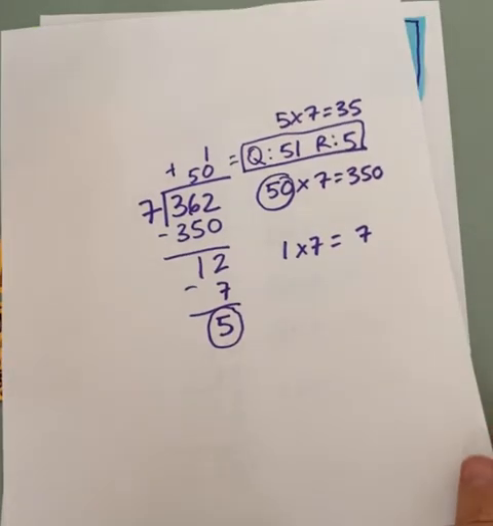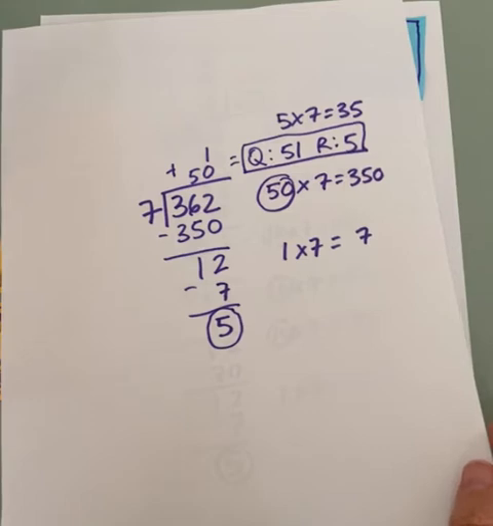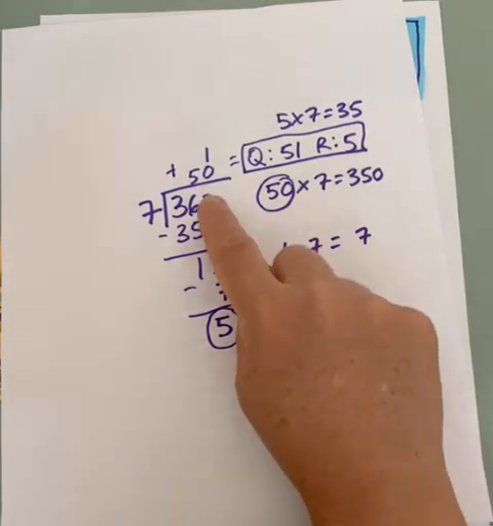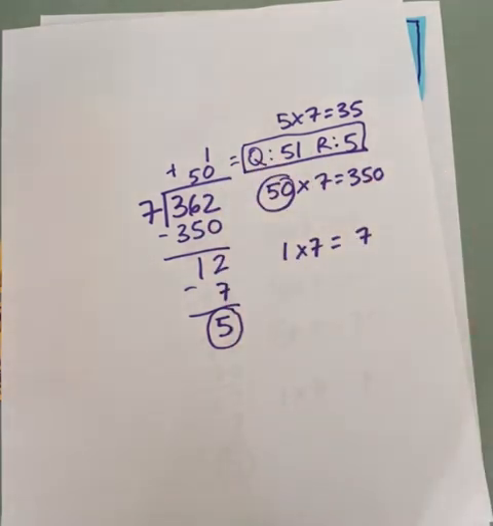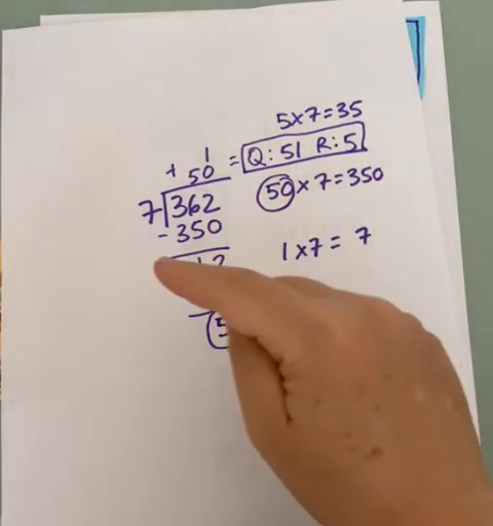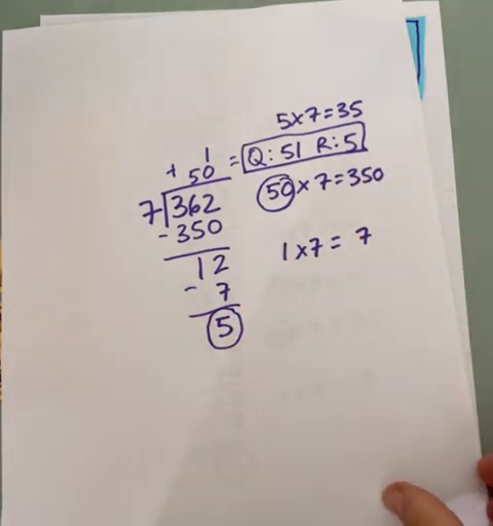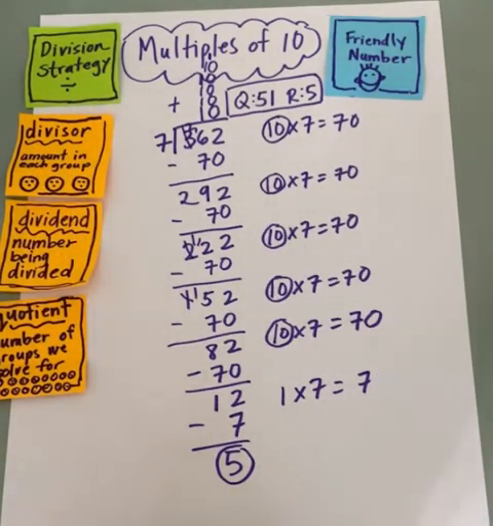So friends, or mathematicians, when you're dealing with larger numbers, think, is there a math fact that I can multiply by 10 that will get me closer to the dividend rather than multiplying the divisor by 10 over and over?